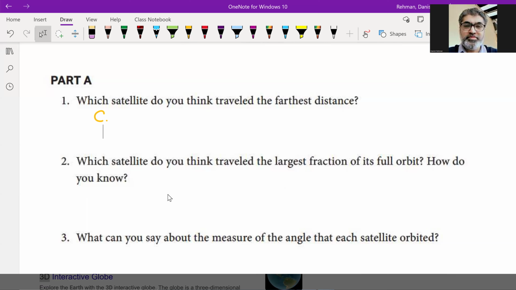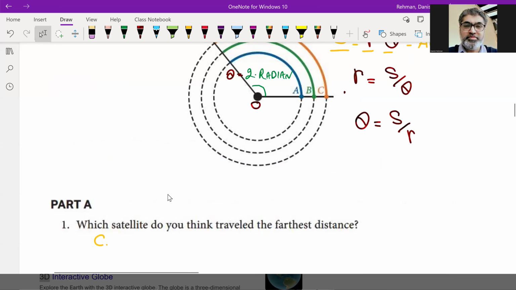Let's read the question one more time. It's saying, which satellite do you think traveled the largest fraction? Don't miss the specific words: largest fraction of its full orbit. And how do you know? What's the basis? To answer this question, you will again have to look at this picture.